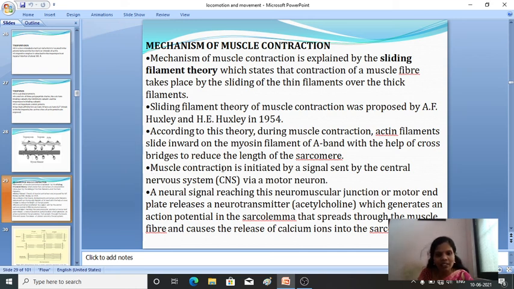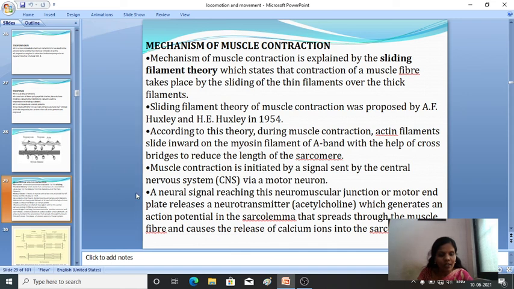Muscle contraction is initiated by a signal sent by the central nervous system via motor nerves. After the crossing between actin and myosin, signals are sent from the nervous system for muscle contraction through the motor neurons.